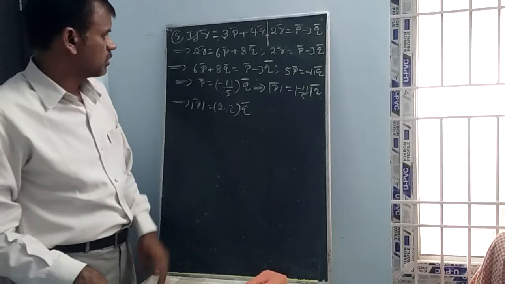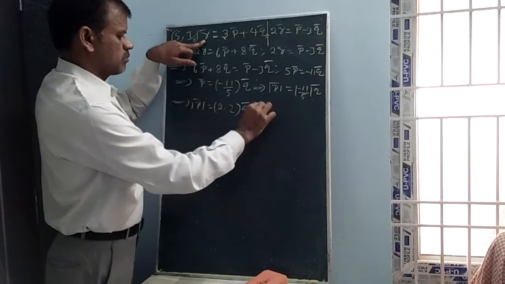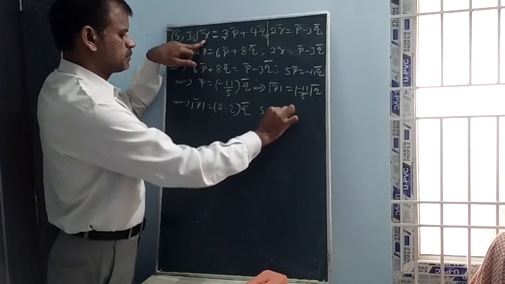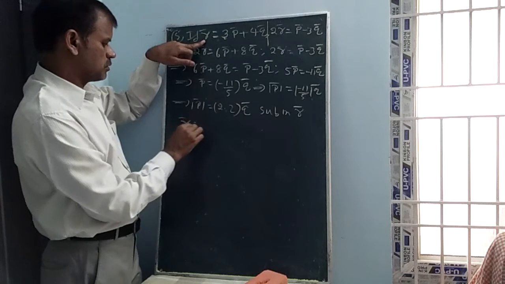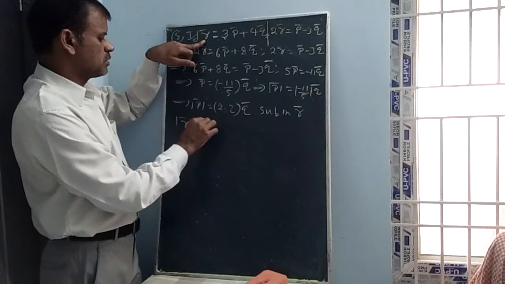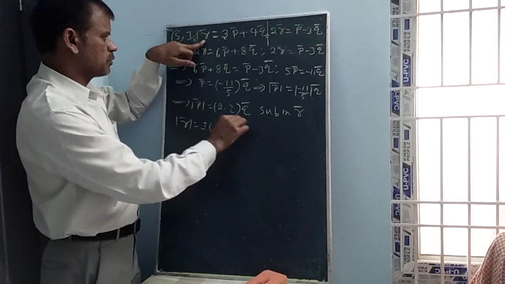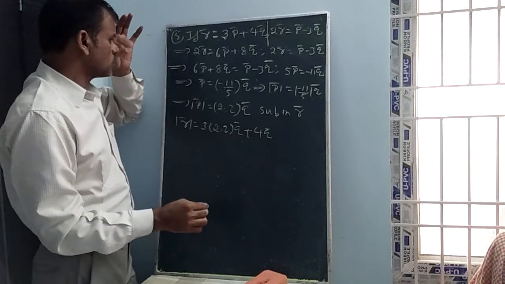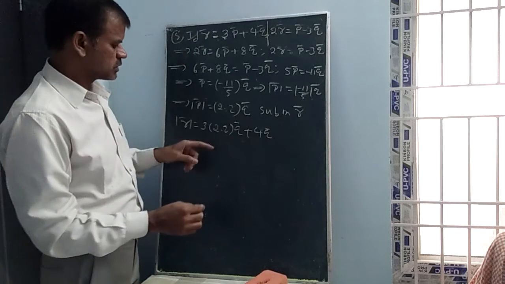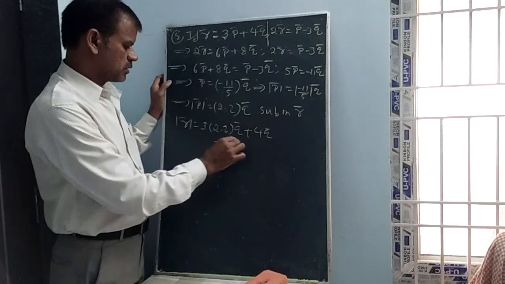Substitute in r: r bar is equal to 3 into p, meaning 2.2 into q, plus 4q. So 3 into 2.2 is 6.6, plus 4, that is 10.6.